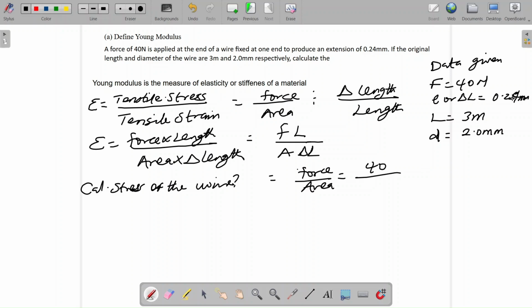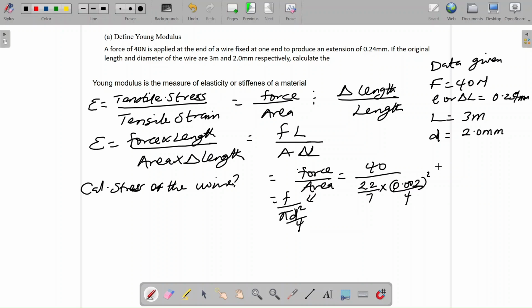So you need to convert the extension and the diameter. This is 22 divided by 7 times the diameter, which is 2 divided by 1000, which is 0.0002, all squared. This is pi d squared over 4. Remember, area is pi d squared over 4, and stress is force divided by that.